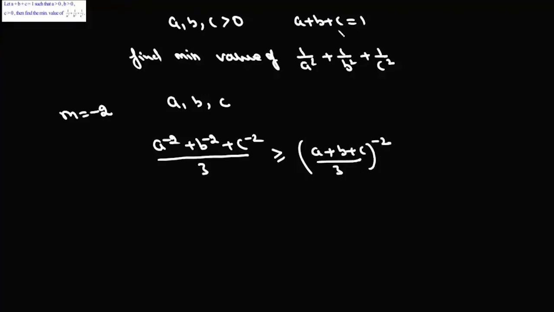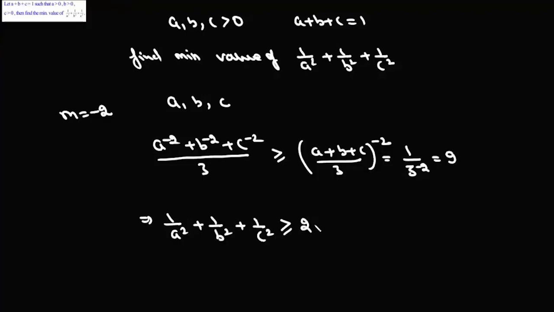Now it is given that a plus b plus c is 1. So it will be (1 upon 3) to the power minus 2, which is 9. So from here we can write 1 upon a square plus 1 upon b square plus 1 upon c square will be greater than or equal to 27. So the minimum value of this expression is 27, and that is the answer to this question.